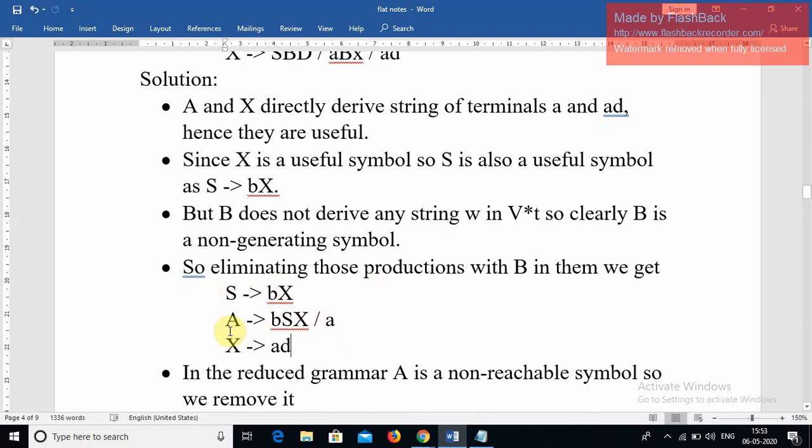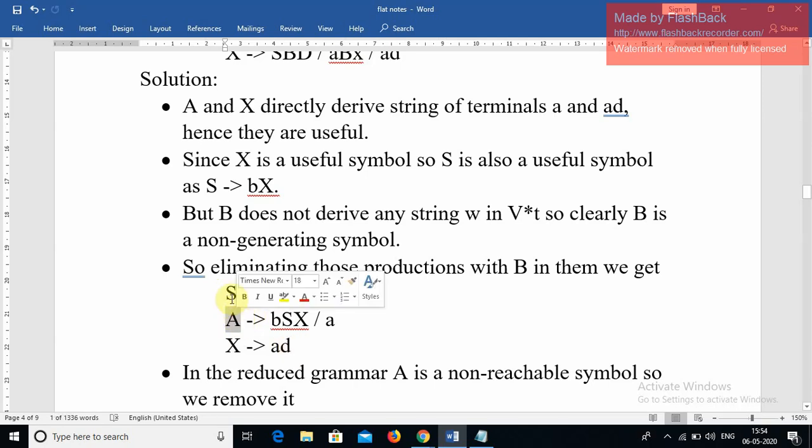And next, we have to check for the non-reachable symbols. From the starting symbol, b is a terminal and X is a non-terminal. Okay, so X, here we can reach X to AD, which is a non-terminal symbol. So what about A?